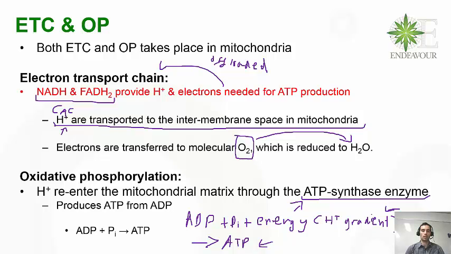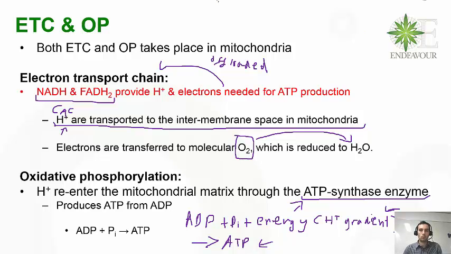It's really the electrons that are being passed along, and this allows us to transport H+ into the intermembrane space, but they're not necessarily the same H+ that came off the electron-rich coenzymes. It'll make more sense once we look at this lecture.